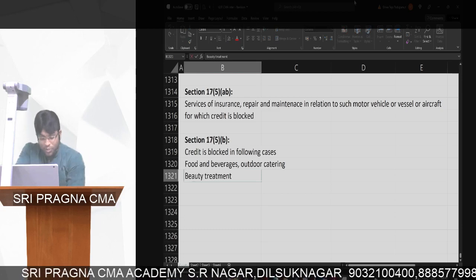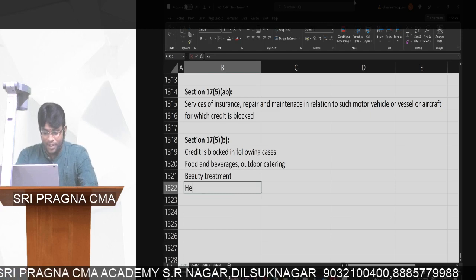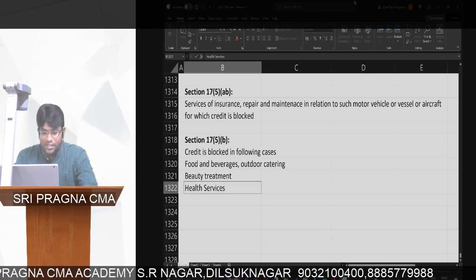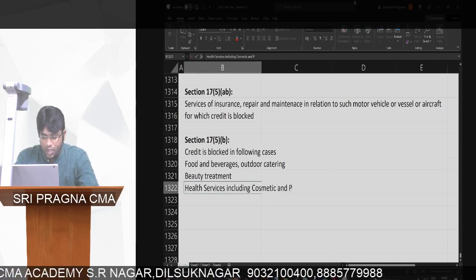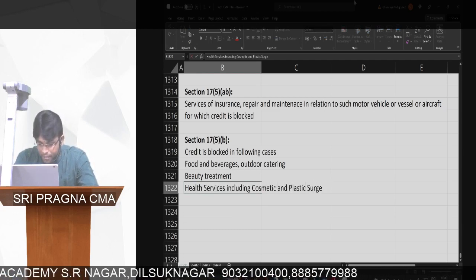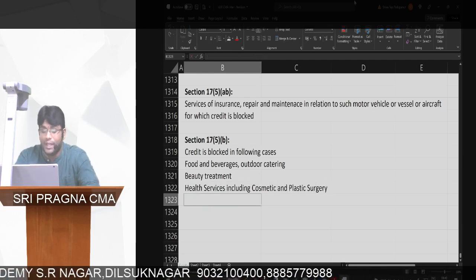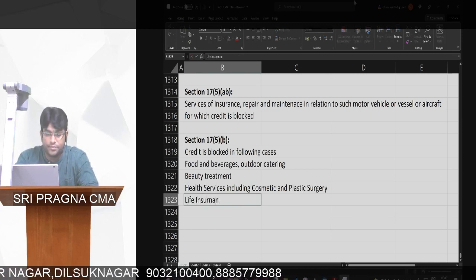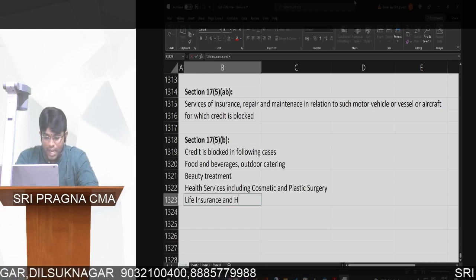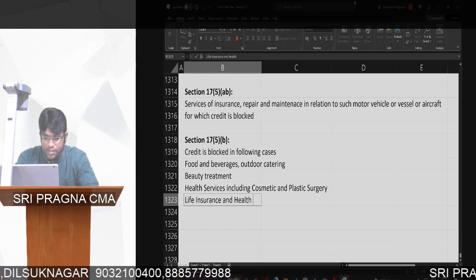Food and beverages, outdoor catering, beauty treatment, health services, including cosmetic and plastic surgery, life insurance and health insurance.